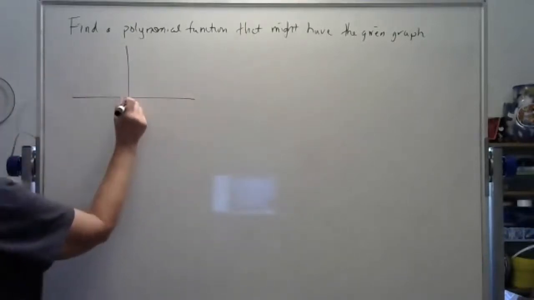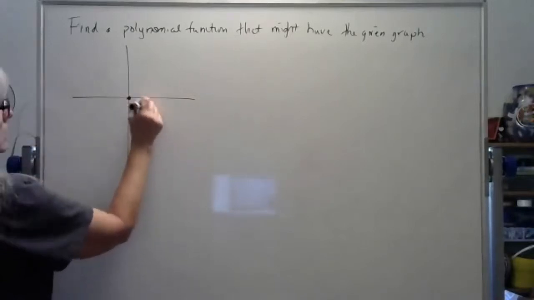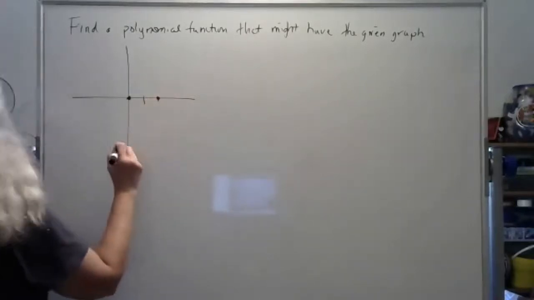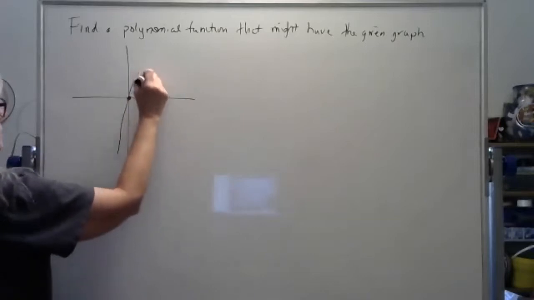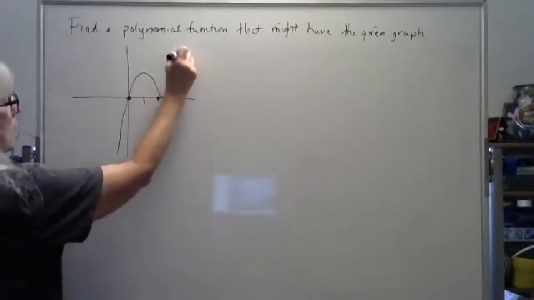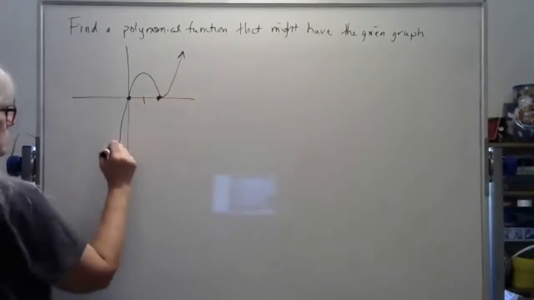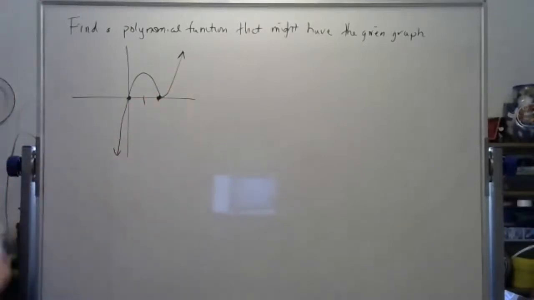So we're going to go through the origin. We're also going to go through the point at 2, and it looks like that. Sorry, that is right there.